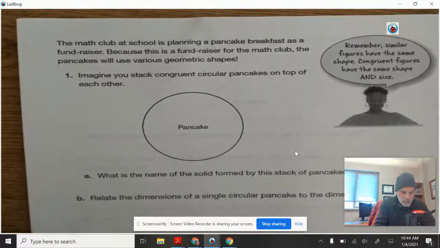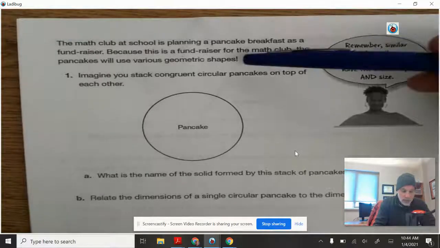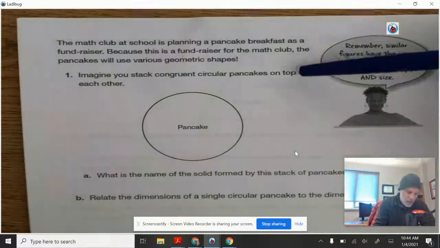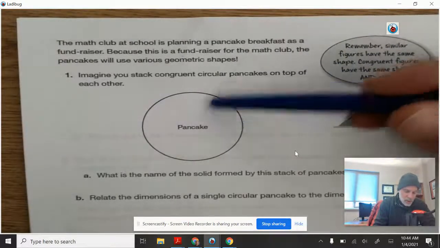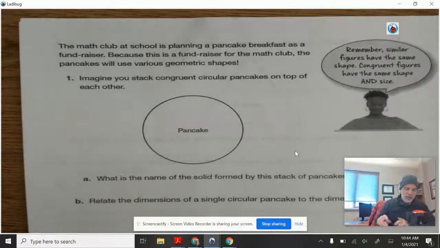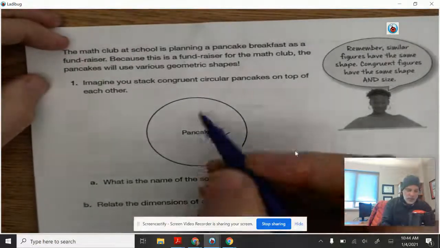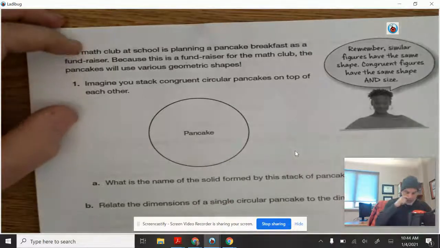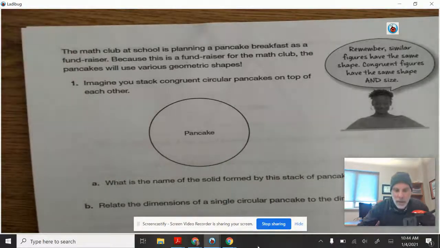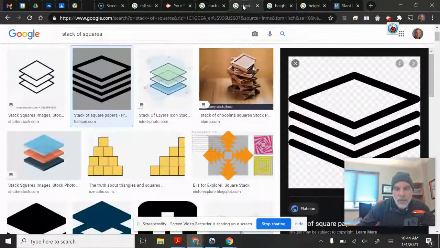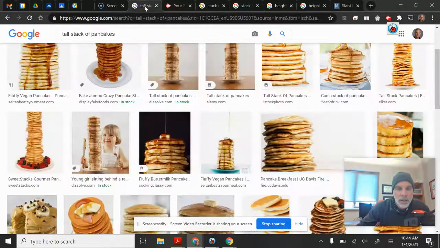It says the math club at school is planning on a pancake breakfast as a fundraiser. The pancakes will be various geometric shapes, so we're going to have a little creativity here. Okay, so if you can imagine stacking all of these circular pancakes, if we had a perfect way to pour pancakes and make them all congruent and they were the exact same circle over and over again, and of course, if we stacked these higher and higher and higher, we would get a visual that looks like this.